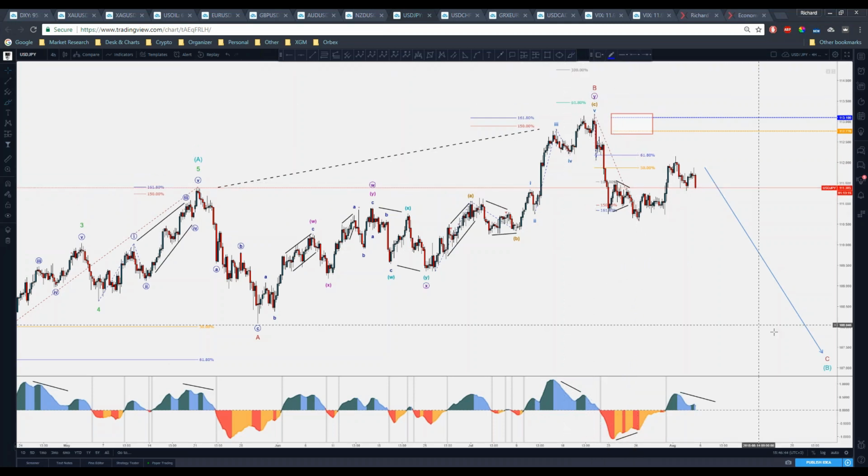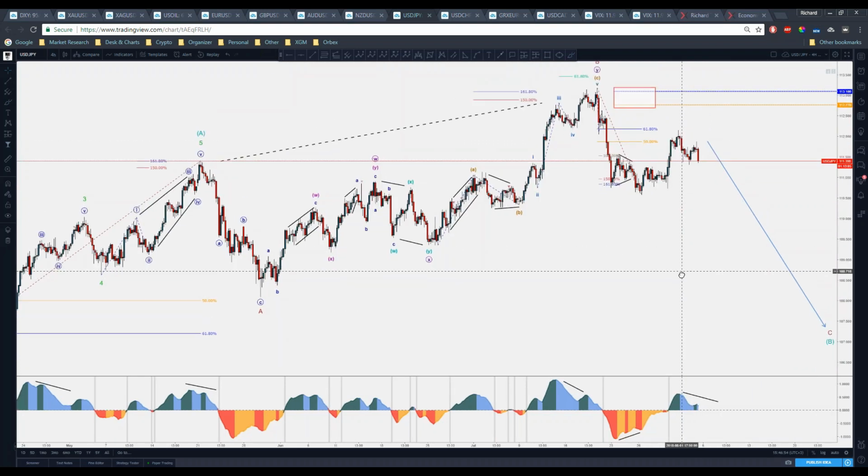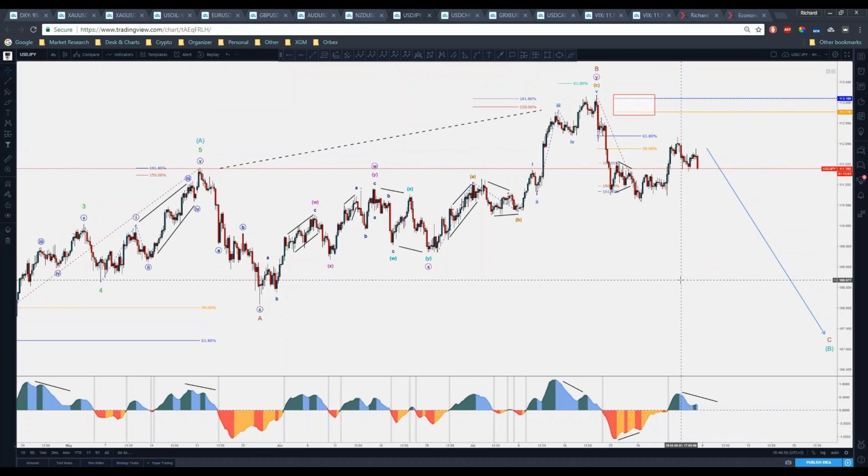Okay, so I'm seeing a C leg possibly coming. I'm seeing some strength possibly coming on the yen, and this is due to the fact that if the VIX actually spikes, I do see the yen gaining strength along with the US dollar. So the way I'm labeling this is, let's say, this as a wave 1 and this wave 2.